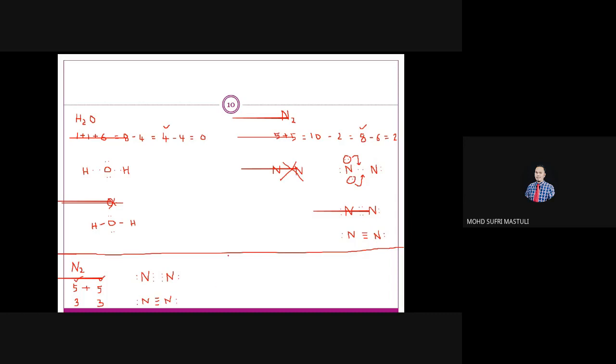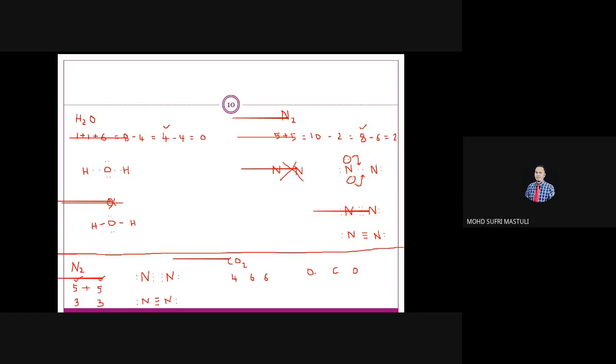Okay, maybe I give you another example. For example, this one, CO2. We know carbon is 4, oxygen is 6, and the other oxygen is 6. In this carbon dioxide, carbon is the central atom and oxygen will be the terminal atoms. So we have one oxygen on the right and another oxygen on the left.